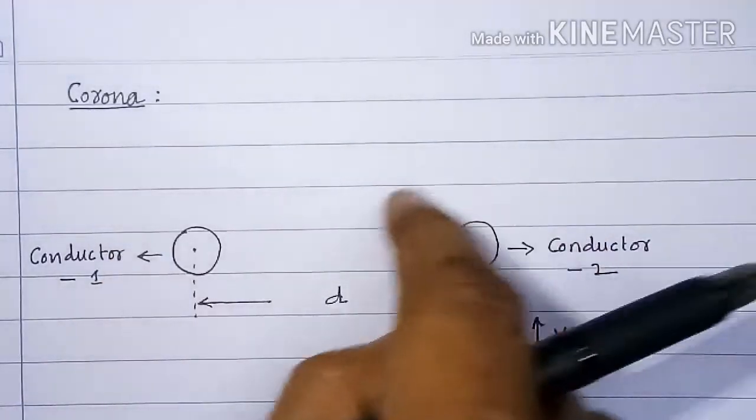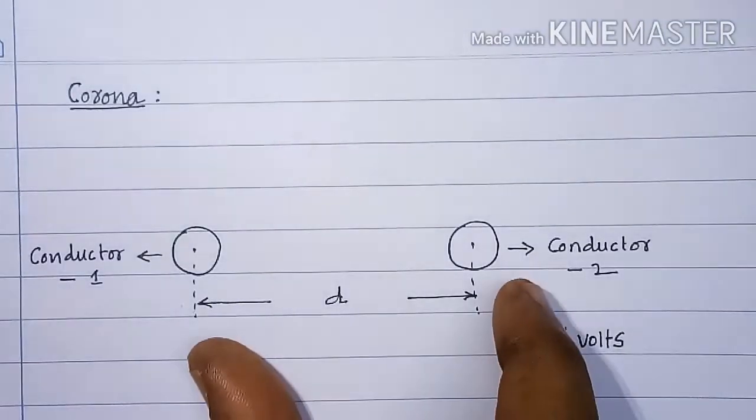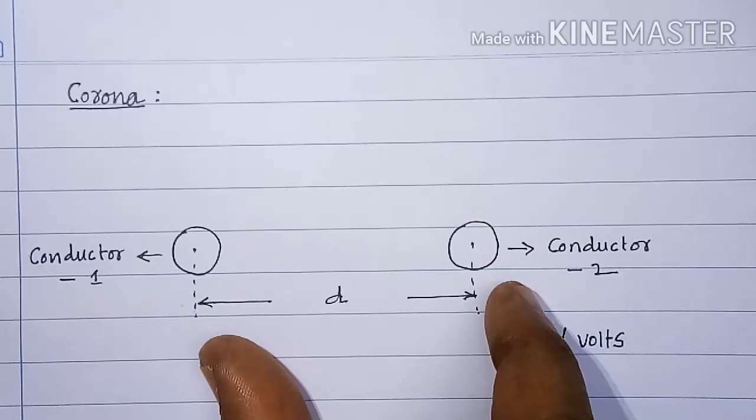That means around these two conductors you will find a faint luminous glow of violet color, and there will be hissing noise. You know what is hissing noise? Snake hisses. The sound produced by a snake is called hissing sound. So like that, the sound will be produced by the conductors.